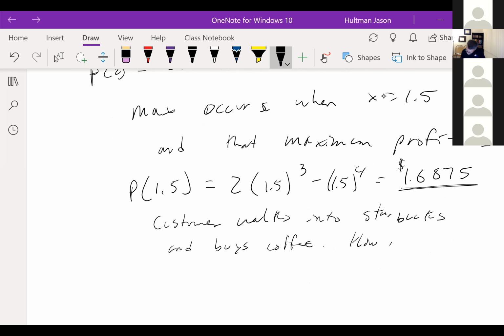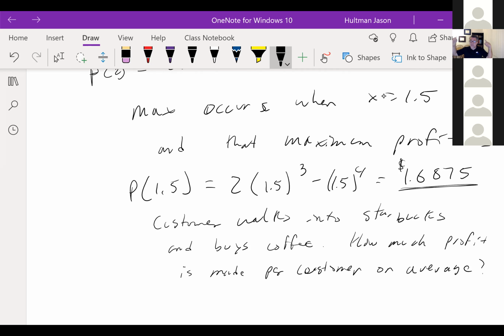How much profit is made per customer on average? The average value would be 1.5 cups. Some people come in for 1 cup, some people come in for 2 cups. The average number of cups of coffee that these people are buying is 1.5.